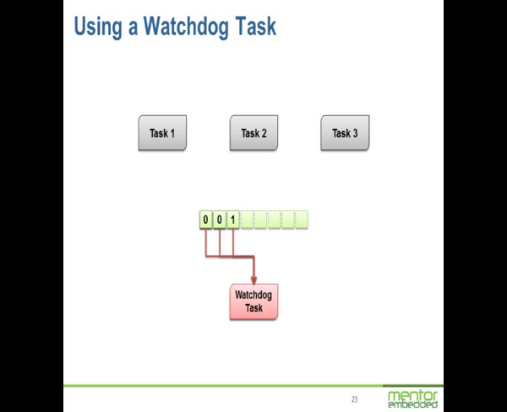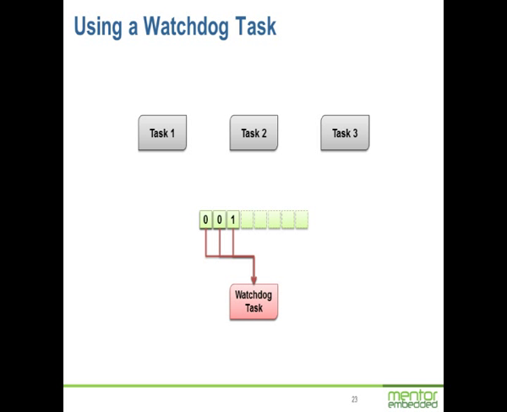So the idea is, here we have 3 tasks and a watchdog. So the watchdog task is going to write 1s into these 3 event flags, and then it will go to sleep. Then task 1 does some stuff and eventually sets its flag to 0, and task 2 does the same thing. But for some reason, task 3 is preoccupied.